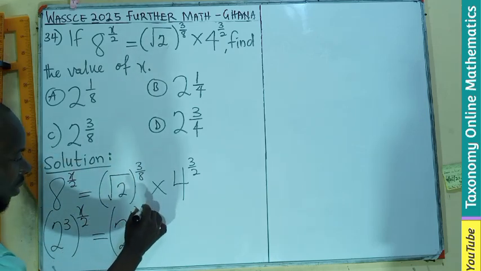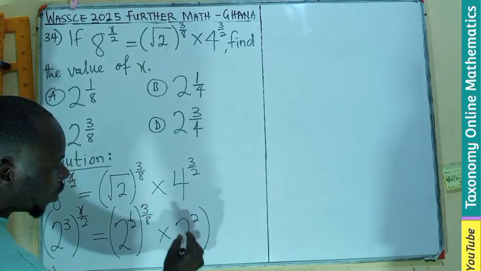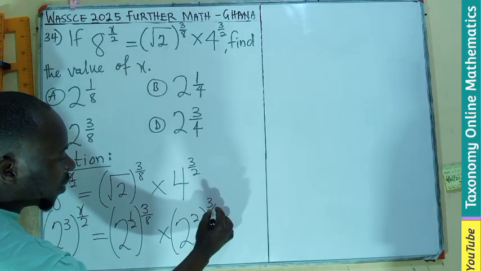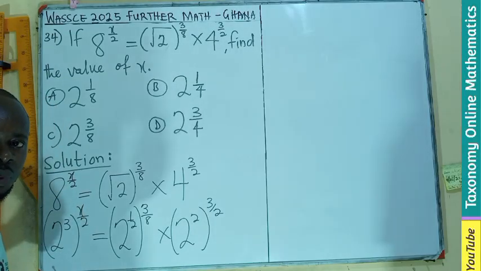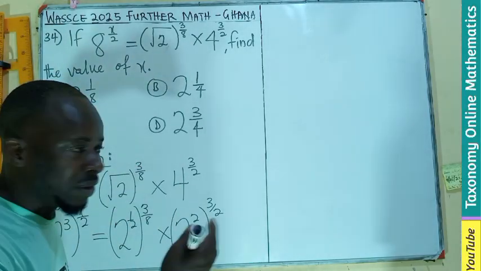Then we still have 3/8 times 2^2 raised to the power 3/2. So now we have the same base. We can only simplify the powers.